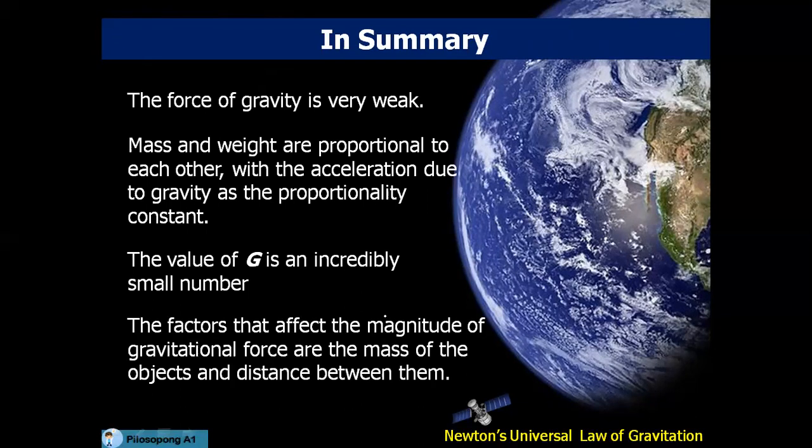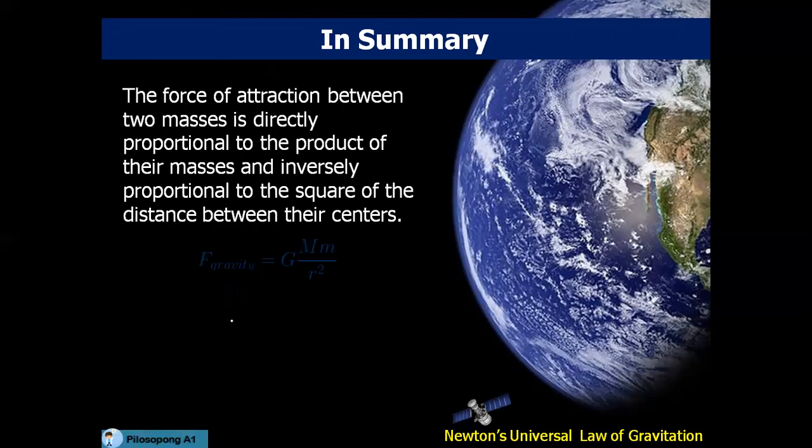Fourth, the factors that affect the magnitude of gravitational force are the mass of the objects and the distance between them, as seen in our equation. Fifth, the force of attraction between the two masses is directly proportional to the product of their masses and inversely proportional to the square of the distance between their centers.